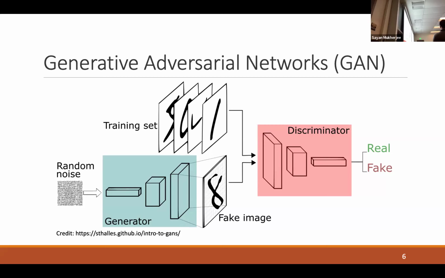Then the discriminator helps discriminate between the real data and the fake data. As the two neural nets compete with each other, they reach a stable state where they can discriminate real from fake and also generate something close to the real. It sounds like maybe it's possible, but actually it is not.